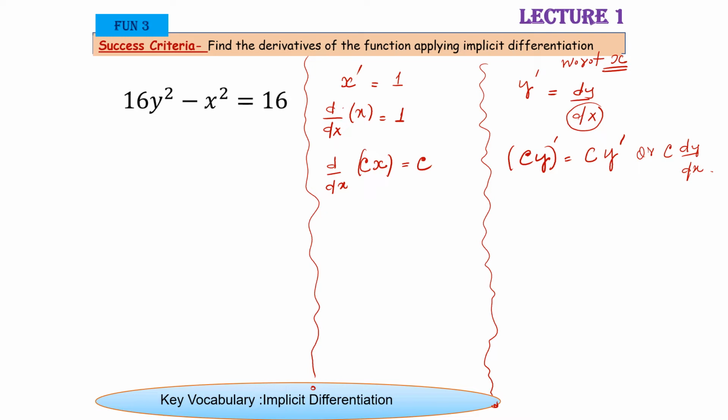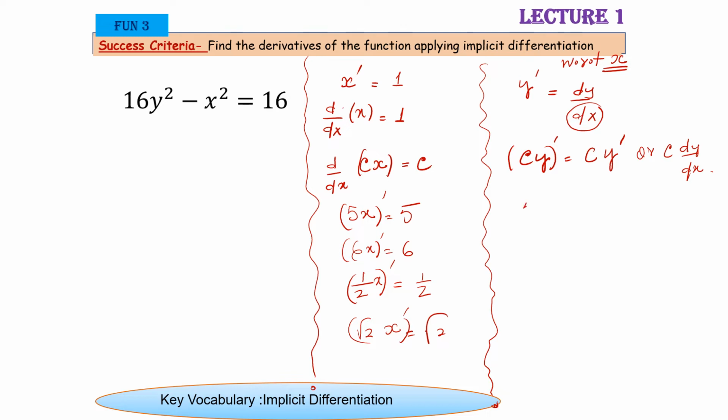Okay, so for example, the derivative of 5x is 5, the derivative of 6x is 6, the derivative of half x is half, and the derivative of square root 2 times x is square root of 2.